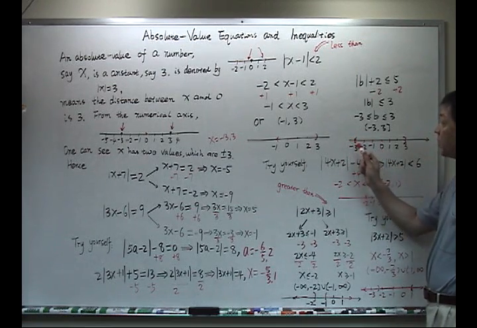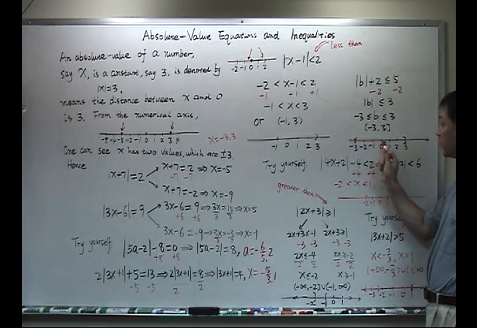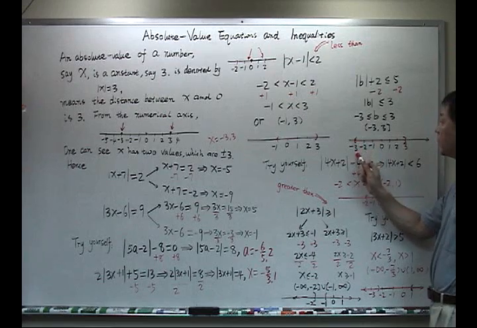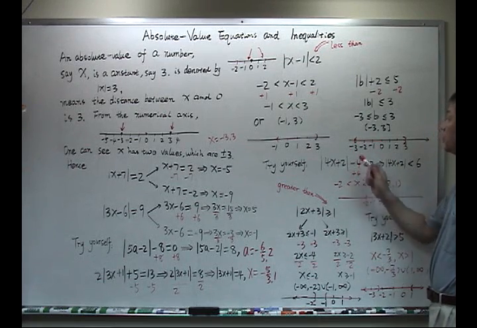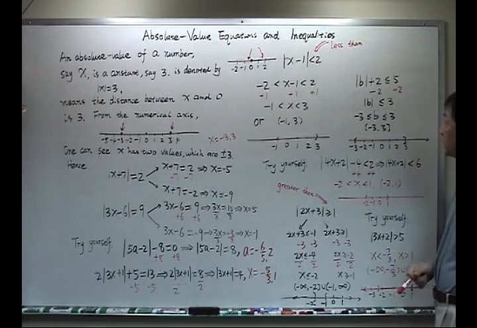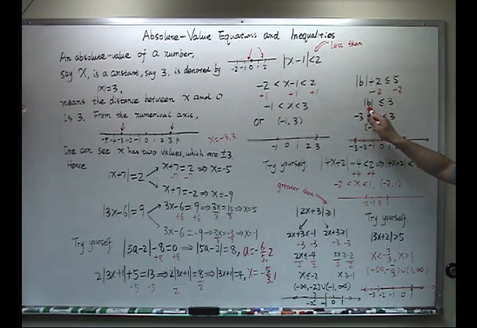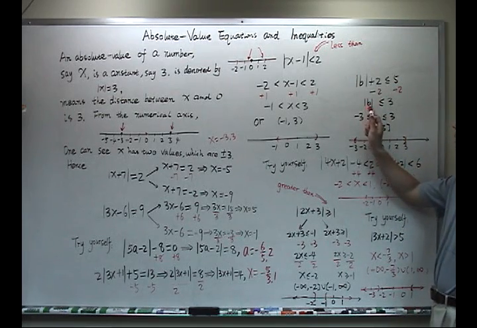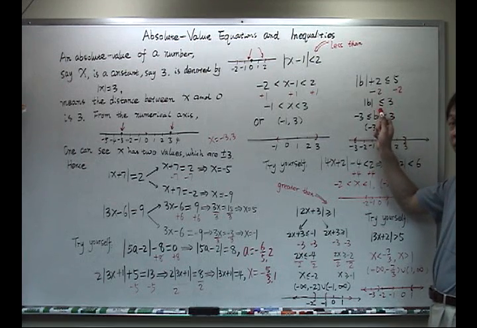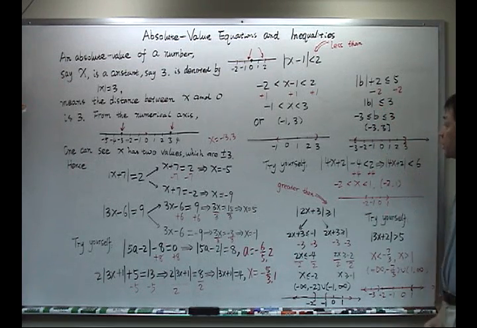So the cutting point must be -3 to 0. And -3 is included, so you use square bracket. If you put -3 here, you know -3 and 0, the distance between those 2 points is 3. And 3 equals 3. So here we have an equal sign. So it's correct.